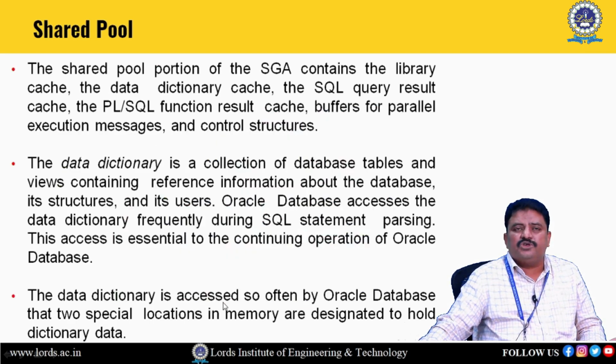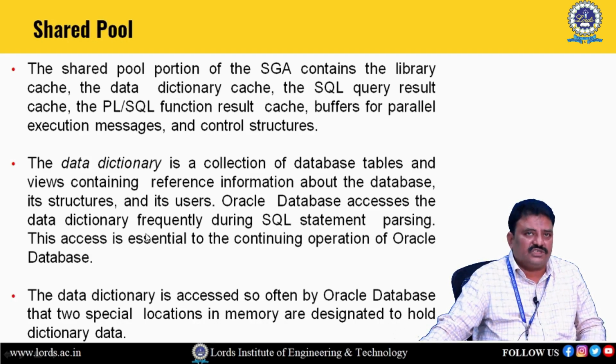See here, the shared pool portion of the SGA contains the library cache, the data dictionary cache, the SQL query result cache, the function result cache, and buffers for parallel execution of messages and control structures. And the data dictionary is a collection of database tables and views containing information about the database, that is metadata. Oracle database accesses the data dictionary frequently during SQL statement execution, that is for parsing and for its execution plan.